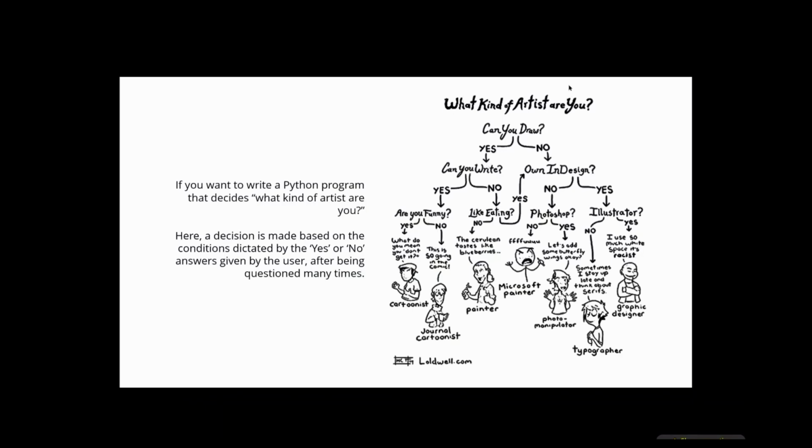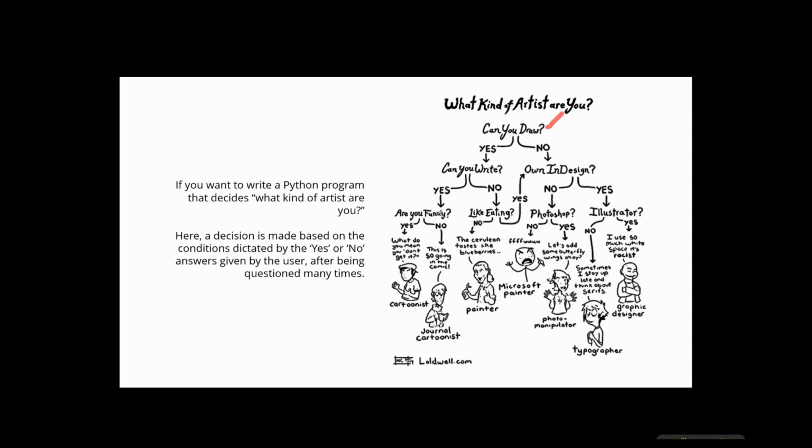For example, here you want to know what kind of artist you are. This is your condition, and your decision will be based on the question here. Then you have another condition. Can you draw? For example, for myself, I can actually draw, but I'm not good at drawing, so I can just say yes. Can you write? Yes.